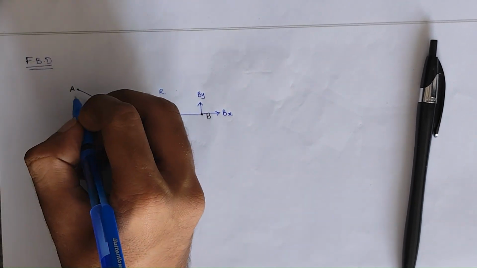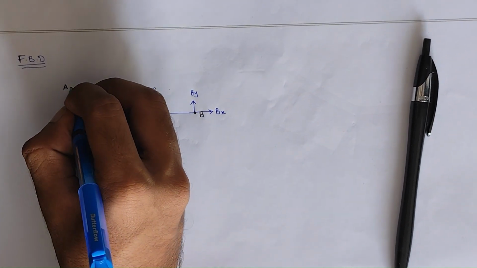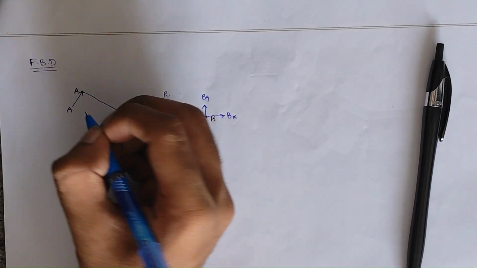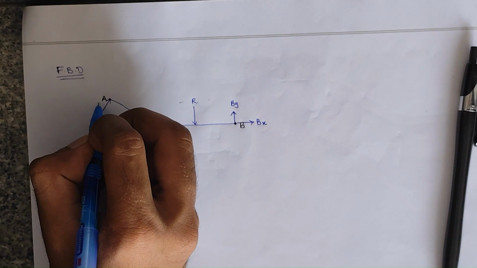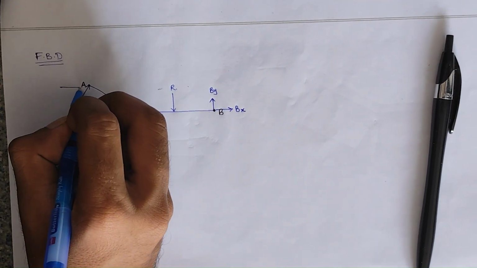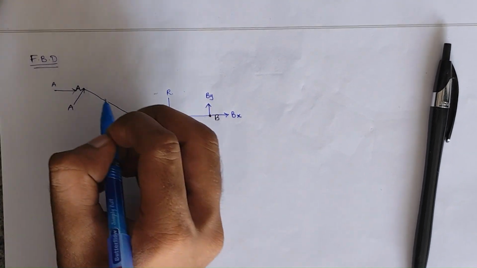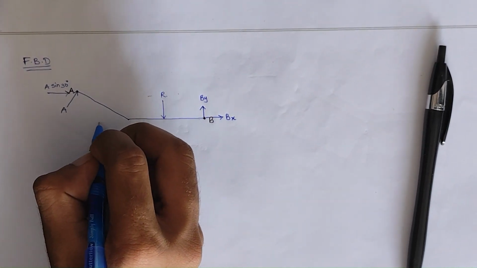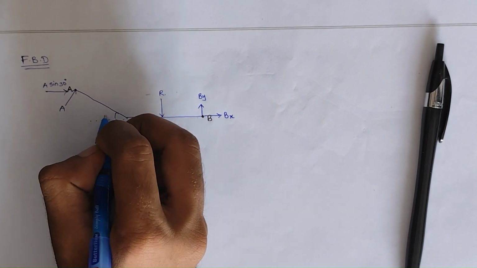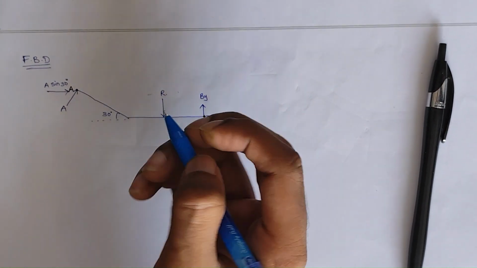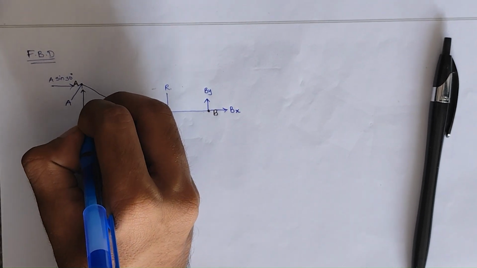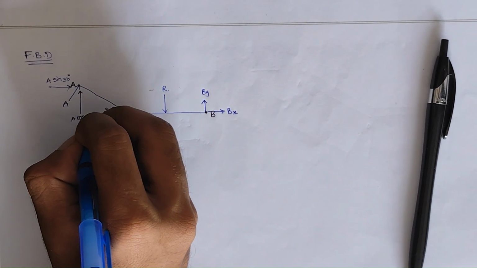Since this is the roller, we will have one reaction acting towards the point, so this will be A. While taking the components, this will be A sine 30, since this is 30 degrees, that is given in the figure. So this will be A sine 30 and this will be A cos 30.